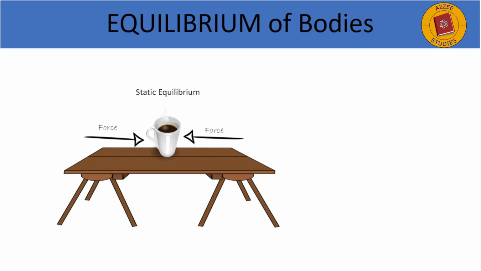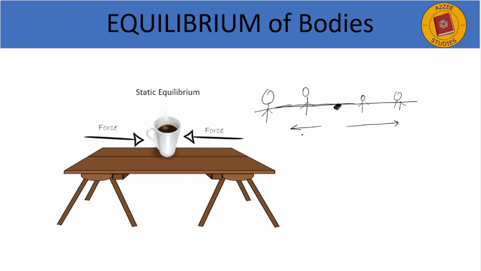Now let us come to equilibrium of force. What happens in a tug of war? Whenever a tug of war is being played, there are lots of people out here pulling it, right? Someone is pulling it this way and a team is pulling it this way.